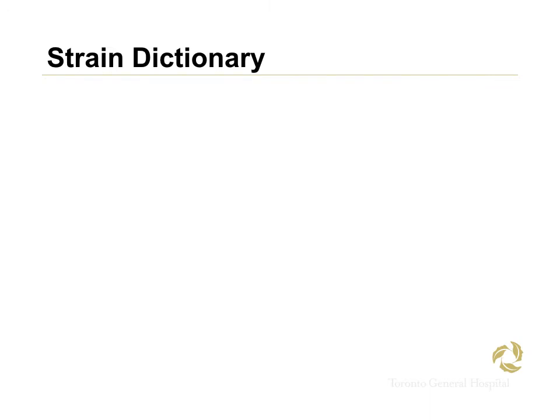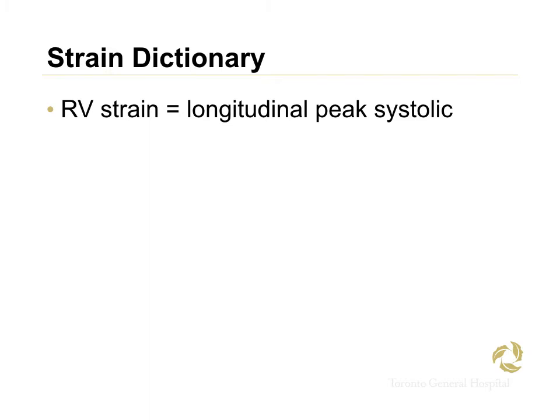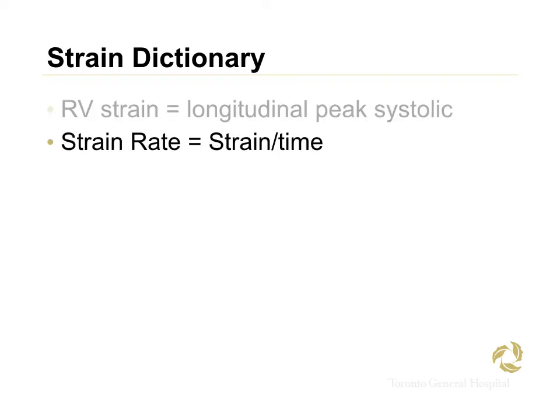So, as my last slide, I wanted to summarize some of the difficult things to get along with, which are the definitions. When we talk about RV strain, we normally talk about peak longitudinal strain. So when we talk about the strain along the free wall of the right ventricle, and we look at the peak, the maximum number, as we said, less than 20% is normal.